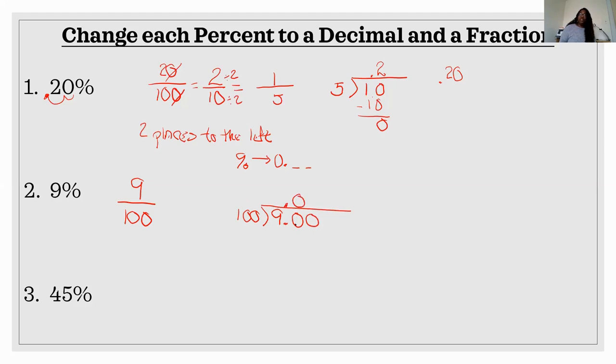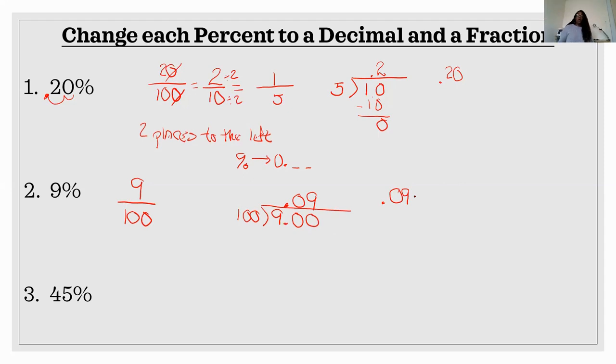How many hundreds can go into 900? Oh, 9. So 9% as a decimal is going to be 0.09. Think about it like I got 9 cents out of 100 pennies. So it's going to be 0.09, not 0.9. 0.9 is 90 cents. There's a difference between 90 cents and 9 cents.